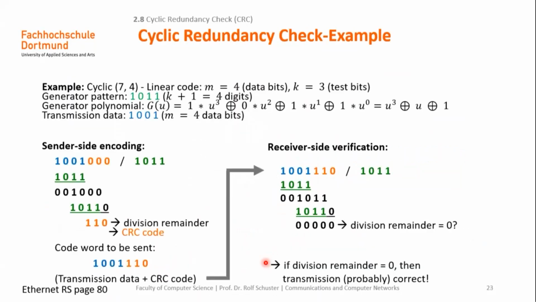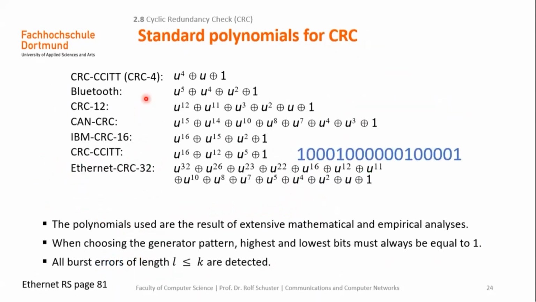Then, in this case, we could perform an example. If this is the data that we need to transfer, we will use this generator pattern, for instance this one, CRC CCITT, but of 4 bits.